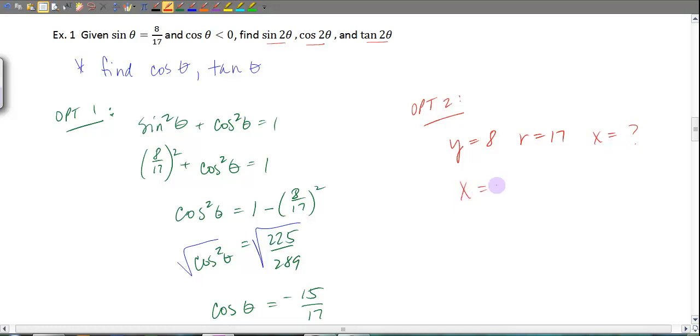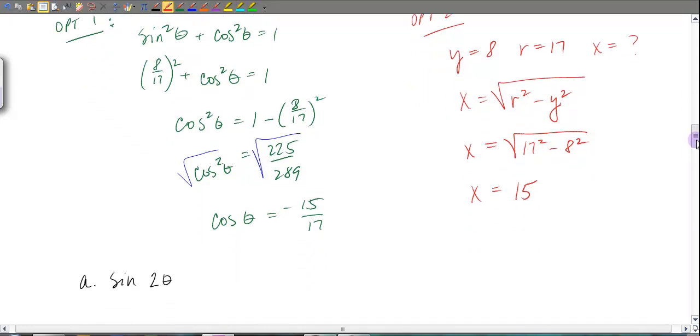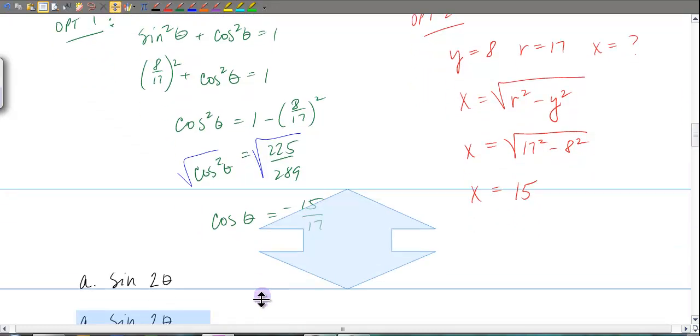So that would be the square root of r squared minus y squared. Remember, that's the Pythagorean theorem. So x is going to be the square root of 17 squared minus 8 squared. Plug that into your calculator and you'll see that sure enough, that's 15. Okay, so we have a couple of different ways that we can find out what we're looking for.